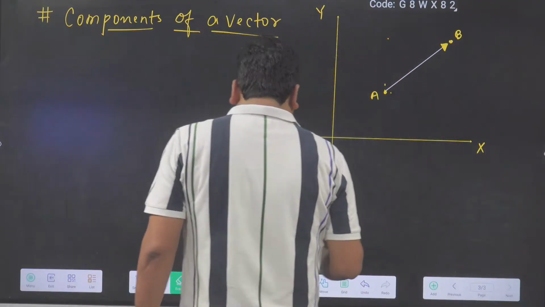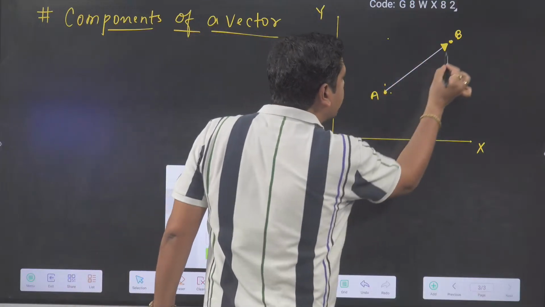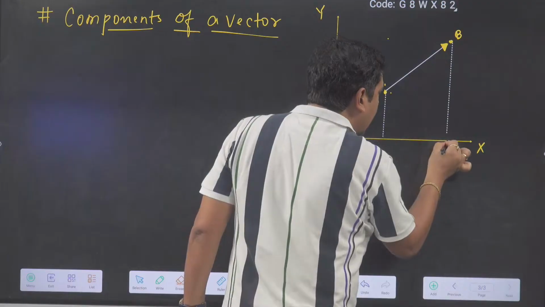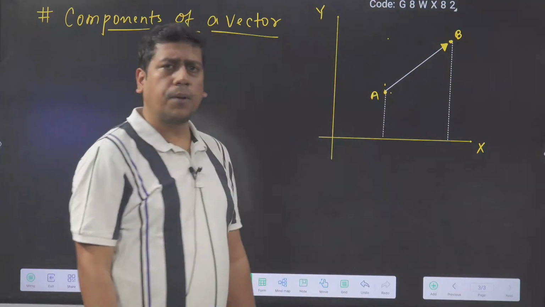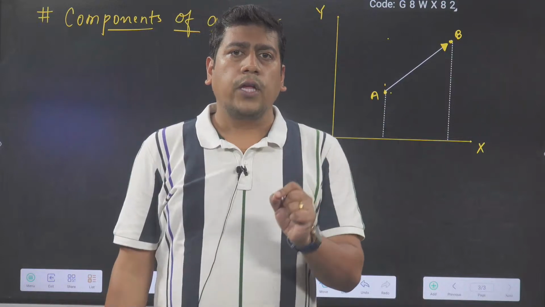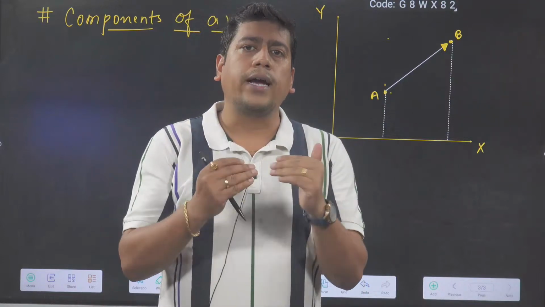So what you have to do, just remember: if you want the component on the x-axis, drop perpendiculars from the tail and head on the x-axis. Draw perpendiculars from the head and tail of the vector on whatever axis you want to find the component.